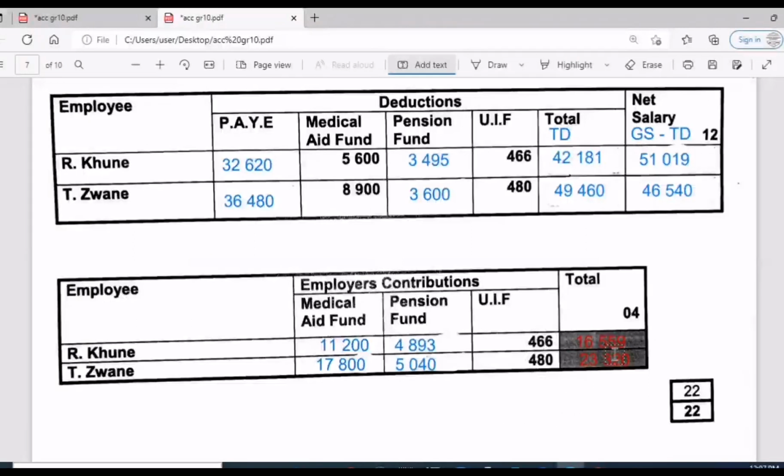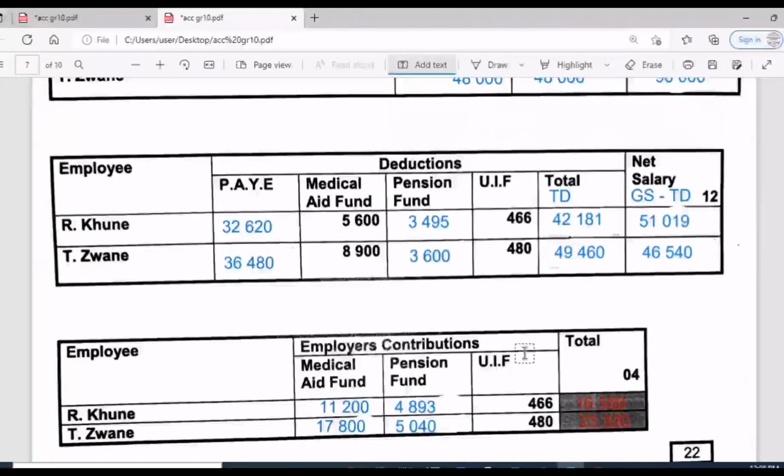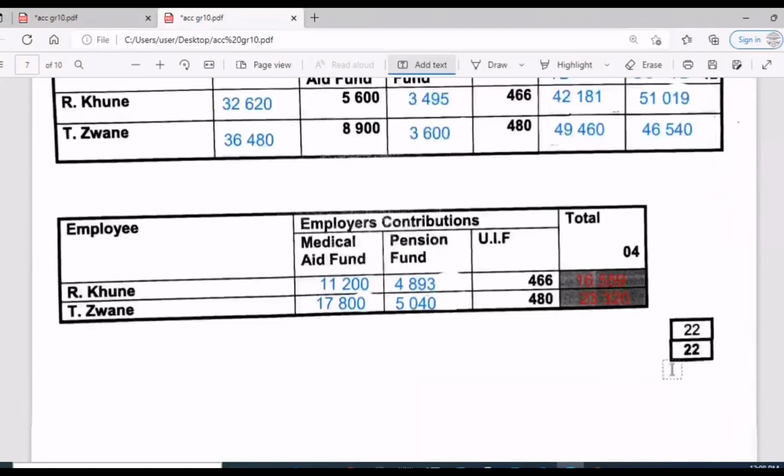I'm just showing you how to get these totals. So the employer contributes towards medical aid, towards pension fund, and towards UIF. When you add all these contributions, you get the total employer's contribution. So guys, we're done. That is how you get these 22 marks.